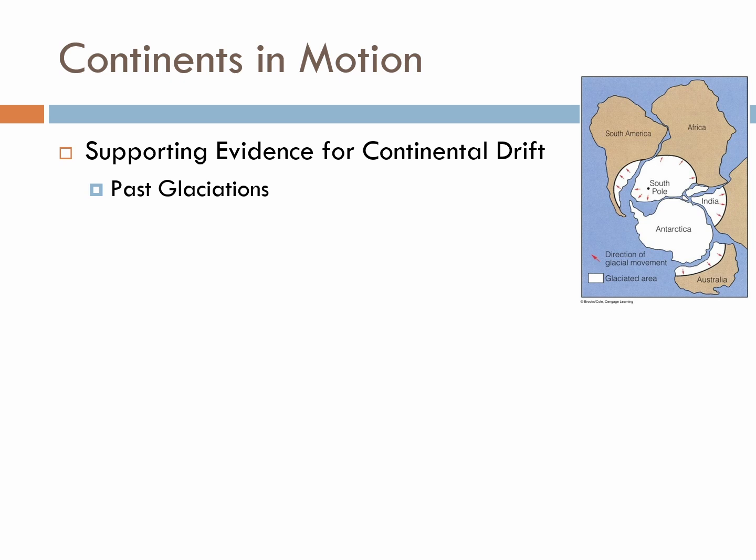So how would this be possible? Now, this glacial evidence was in the form of landforms and the modifications glaciers make to Earth's surface, which unfortunately we are not going to have time in this class to discuss, glacial geomorphology, but it's a really interesting topic. But there was evidence of glaciation in all these areas, despite the fact that those places are not relatively cold today, and they are separated by oceans.